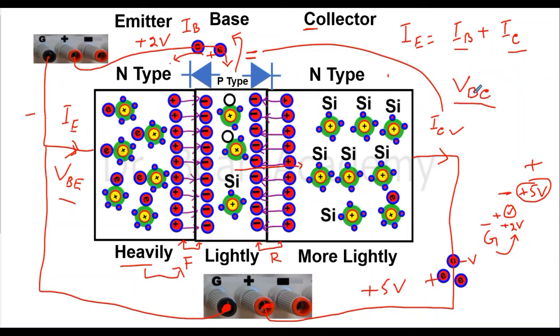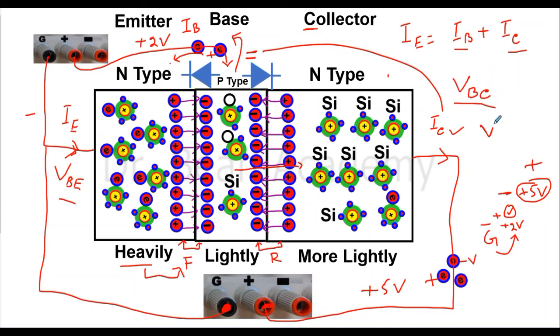VBC means the voltage across the base and collector, if I want to represent that voltage in terms of a variable. And we will see later that in a configuration, there can be a voltage across collector and emitter.